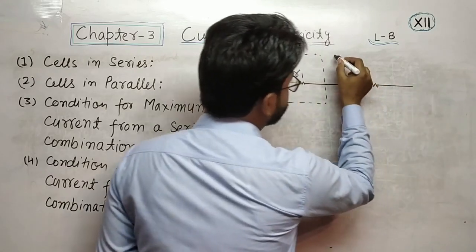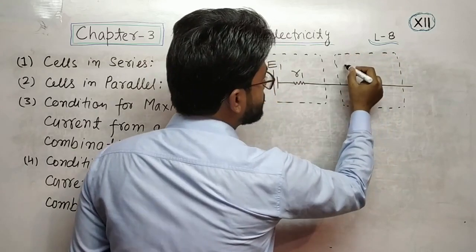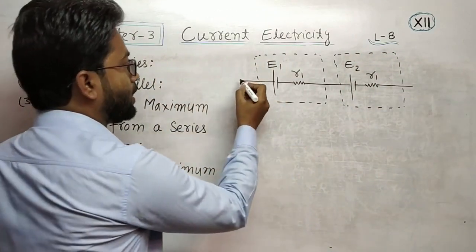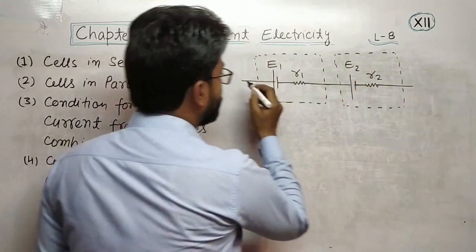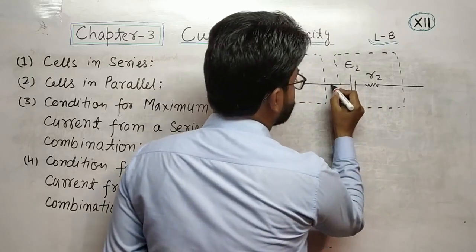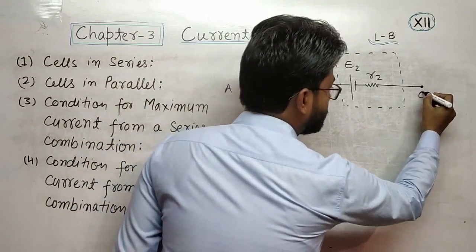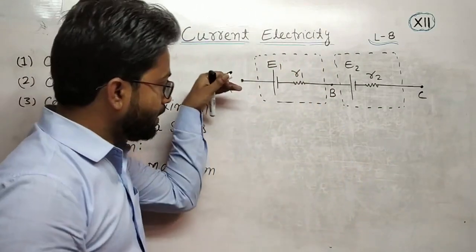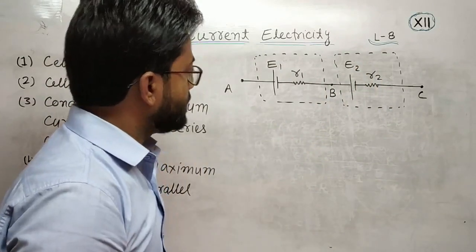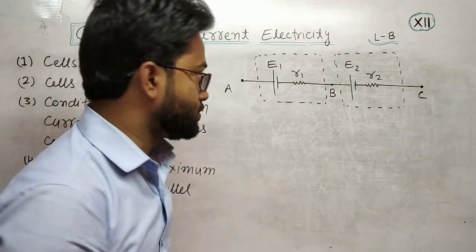cell 2. This cell also has EMF E2 and internal resistance R2. This point is A, this point is B, and this point is C. When the same amount of current flows through these two cells, we can say that these two cells are in series.